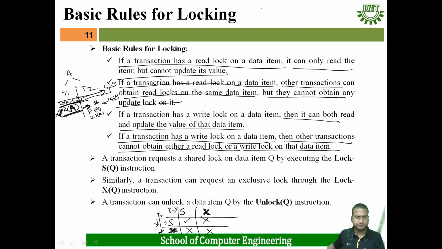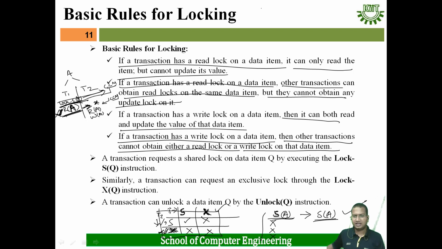That means whenever a transaction has applied a read lock on a data item A, and another transaction wants to apply a read lock on that data item, then it is possible; except that, all other situations will be denied. That means if one transaction has applied a write lock, other transactions cannot apply a read or write lock. If one transaction has applied a read lock, other transactions cannot apply a write lock.